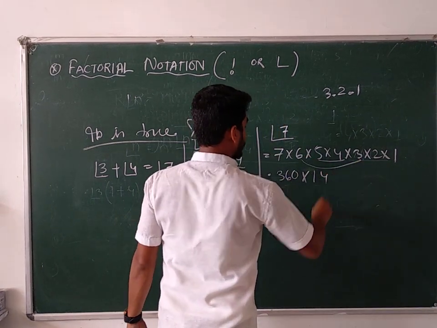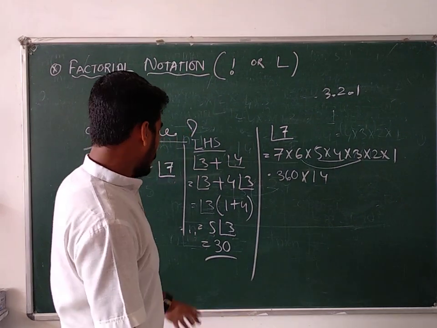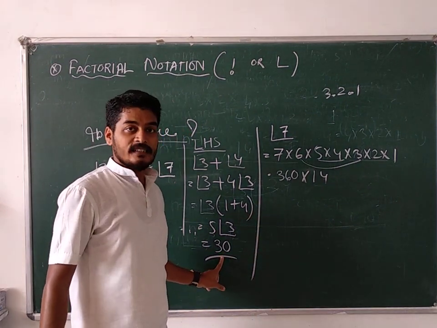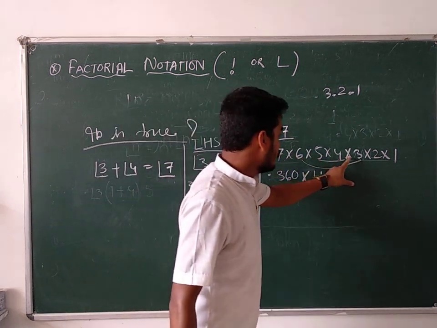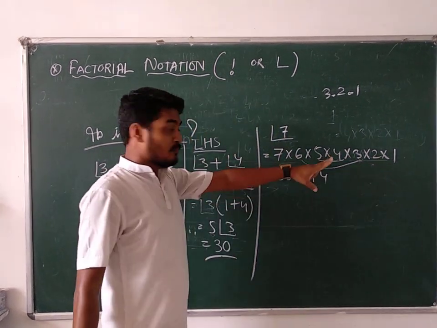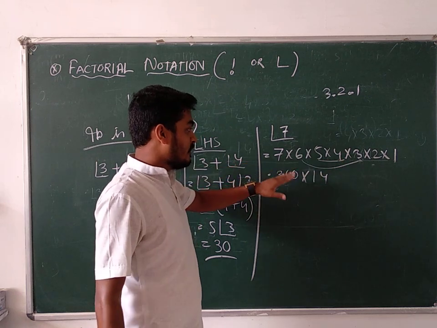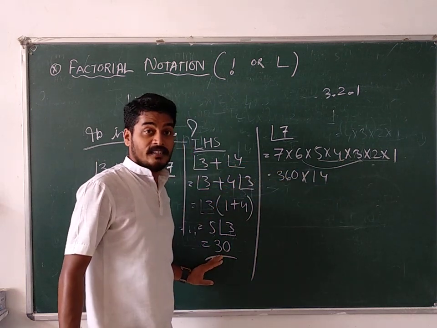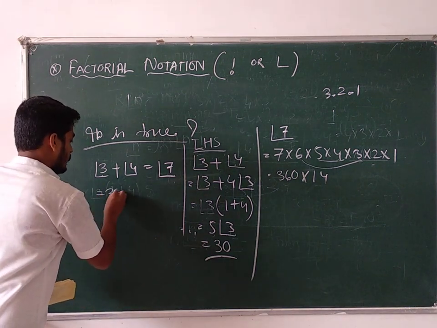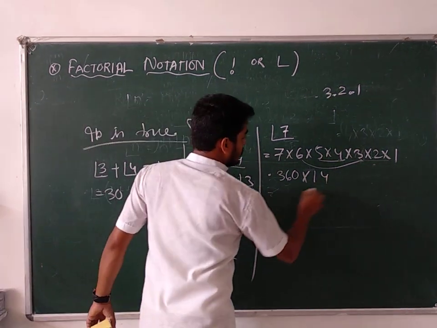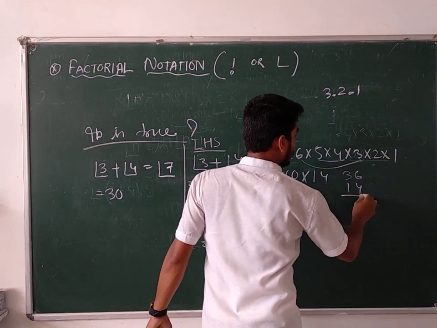Am I correct? So obviously it is not equal to 30. Factorial of 7 is 7 into 6 into 5 into 4 into 3 into 2 into 1, so up to 1 you have to go. Just try to multiply it and obviously we will get a number which is greater than 30. But what is the left hand side? On the left hand side you are getting 30. And on the right hand side what will you get?